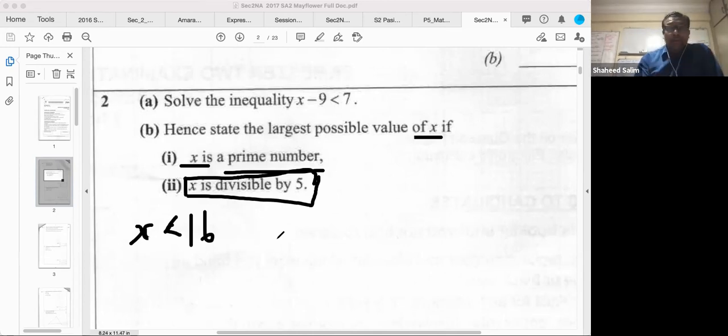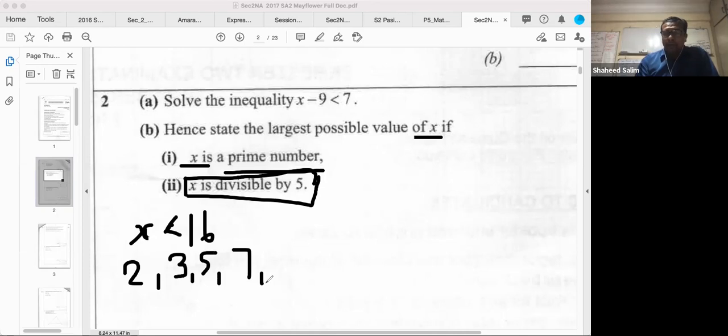Okay, you can have 7 also. There's prime number more than 10. You see, 2 is a prime number. 3, 5, 7. 8, 9 cannot. 10 cannot. 11 can. One more after it. What is it? Can only divide by 1 and itself.